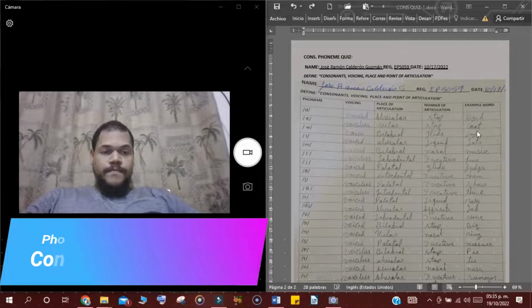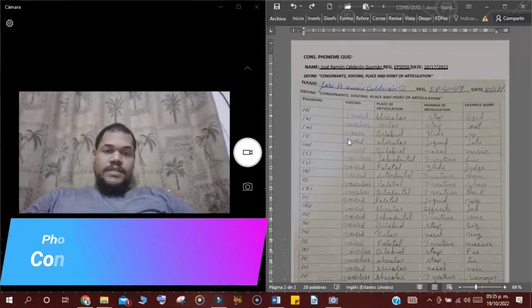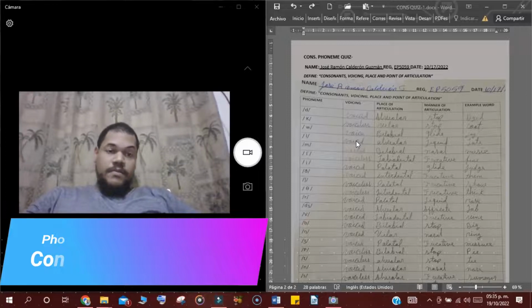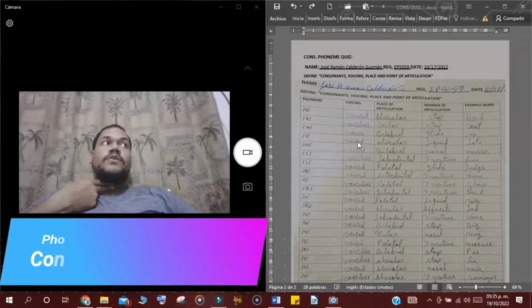Okay, let's continue. Now we have the phoneme R. This is voiced, according to whether the vocal cords vibrate or not. In this case, they vibrate.